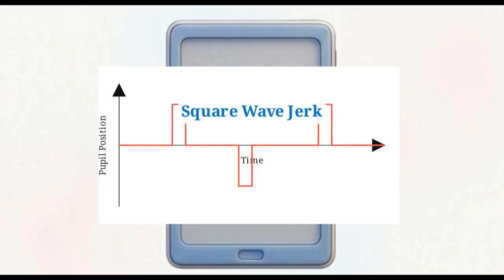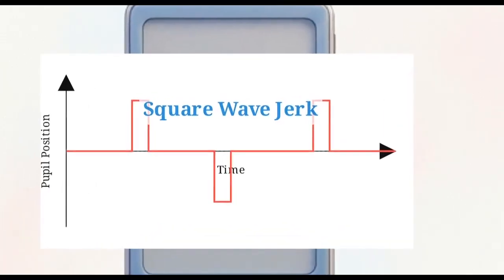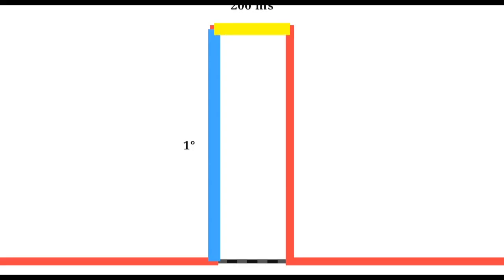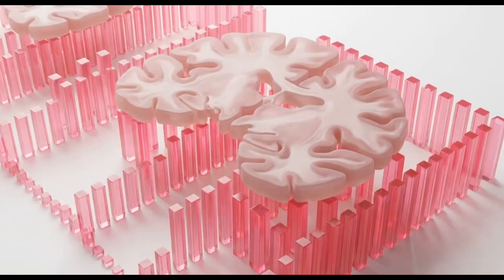The most common type of micro-intrusion you will encounter is the square wave jerk. Zooming in reveals a distinct square morphology. A tiny 1-degree saccade off the target, a flat 200 millisecond pause, and a saccade right back.